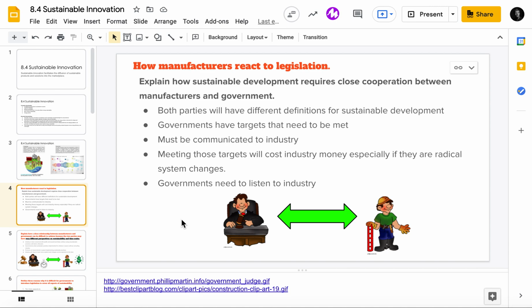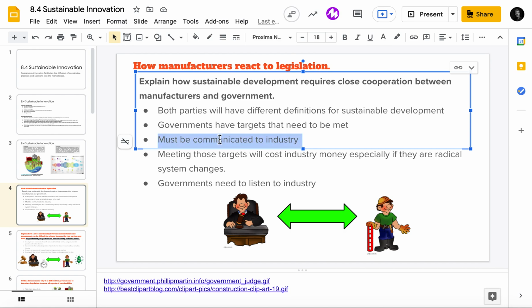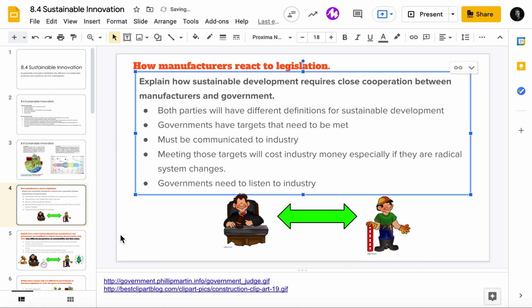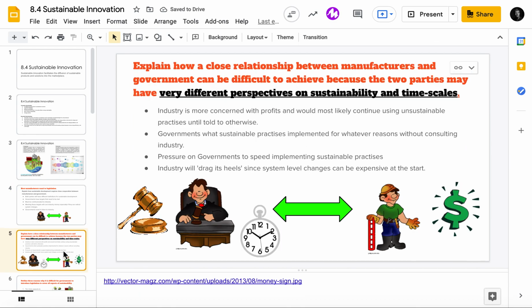Okay, and this falls into governments and manufacturers as well. We've talked about this a little bit before, but there is this balance between the governments and the builders, the manufacturers. They both have different ideas and different targets, but it's important that they communicate with each other and try to balance things out so that they can achieve what both parties need to do. Industry is always trying to make money.